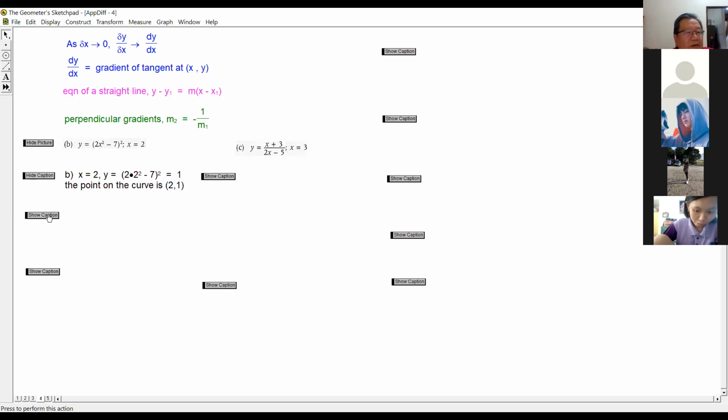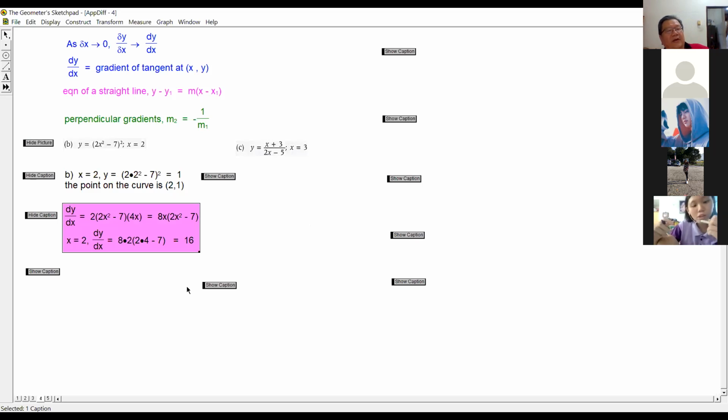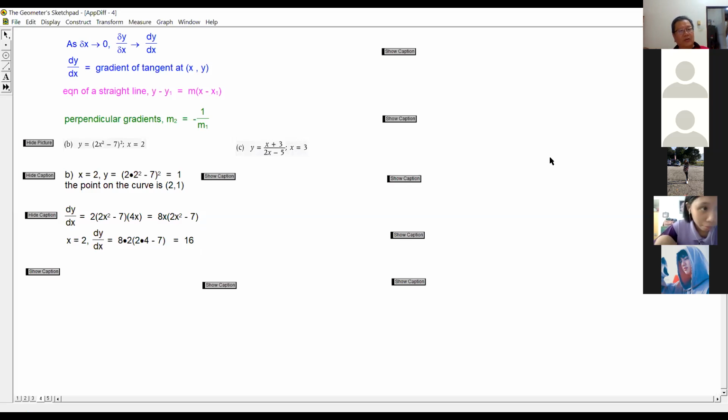And now, after knowing the point, we can proceed to find the gradient. How to find the gradient? Find dy dx. Now, to find dy dx, you cannot use product rule or quotient rule. This one you have to use the chain rule.